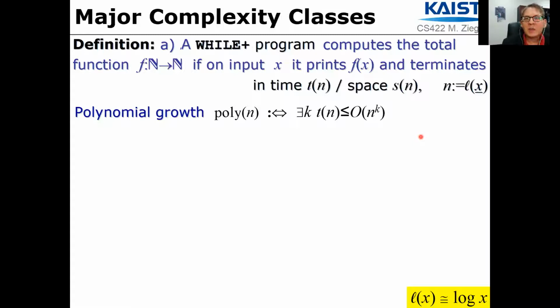And this led to Edmonds' thesis that polynomial running time is a way of formalizing efficient algorithm, as opposed to exponential time, which firstly does not capture efficiency. Exponential time algorithms immediately blow up even for modest input sizes.